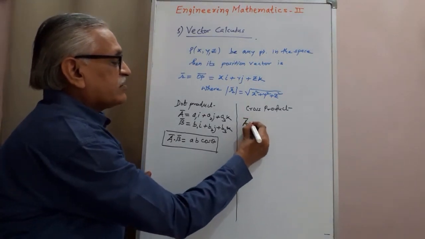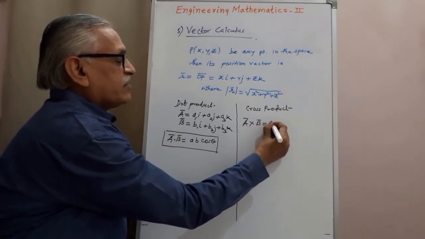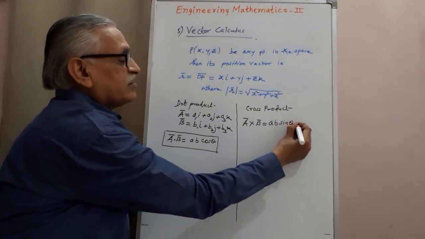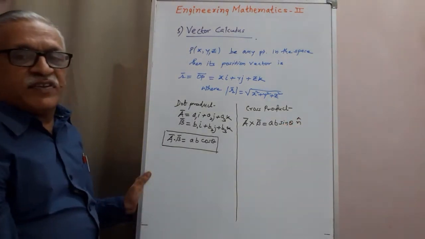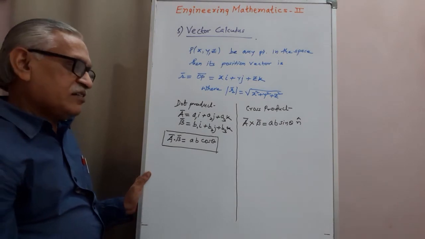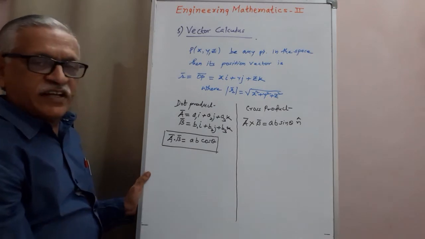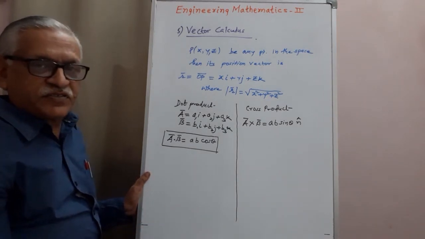Vector A cross vector B is defined as a b sin theta into n cap, where n cap is the unit vector along the normal to these two vectors, and theta is the angle between the two vectors.